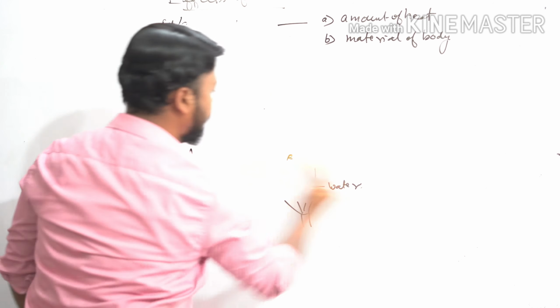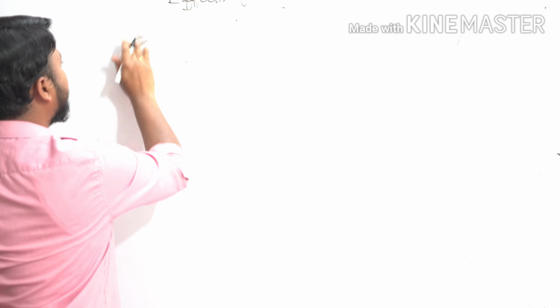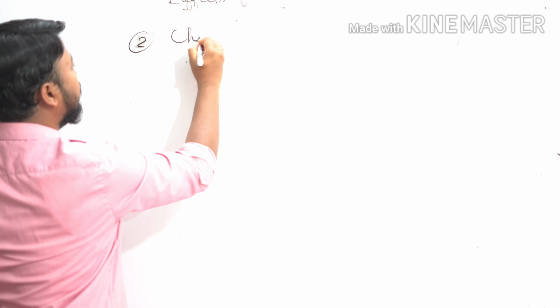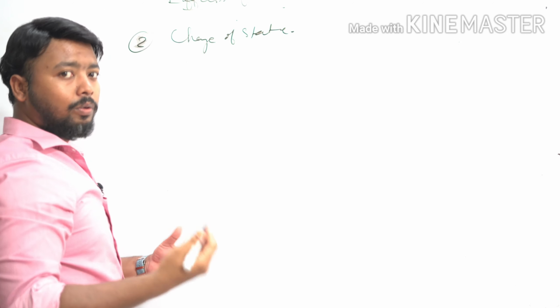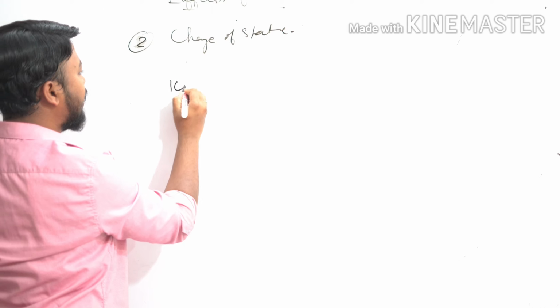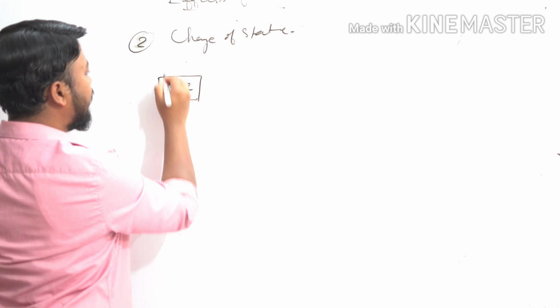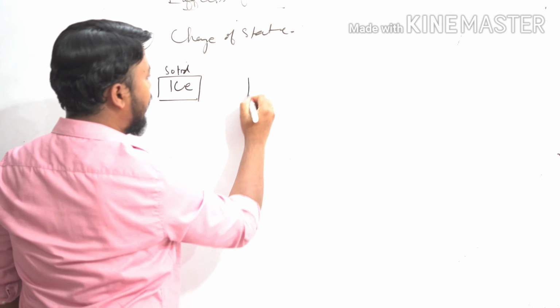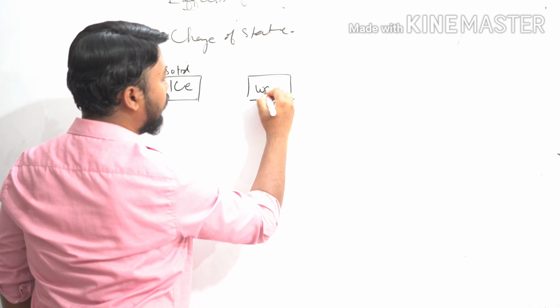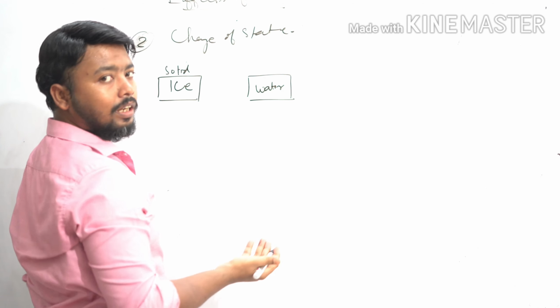What was that? Just now we did the change of state. Second one was change of state. All of us know that if you have ice, which is solid, and you heat it, it will melt and form water, which is liquid.